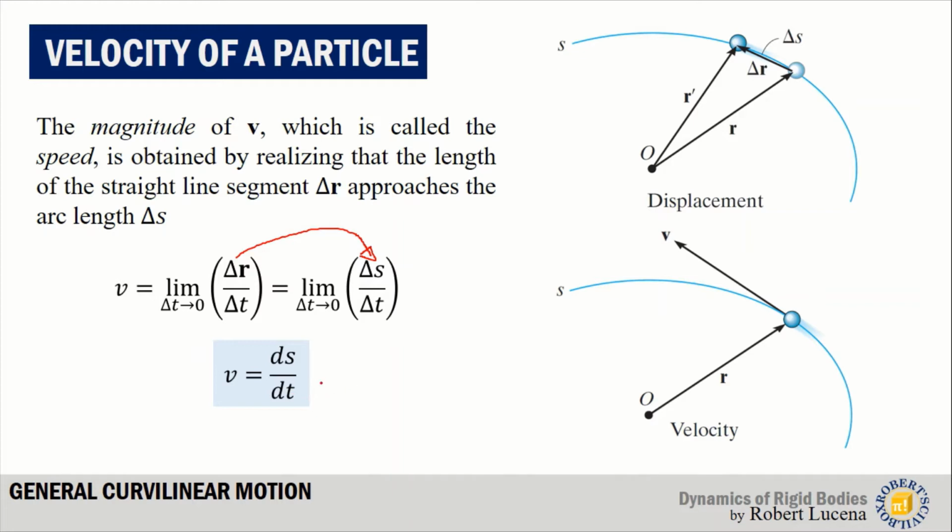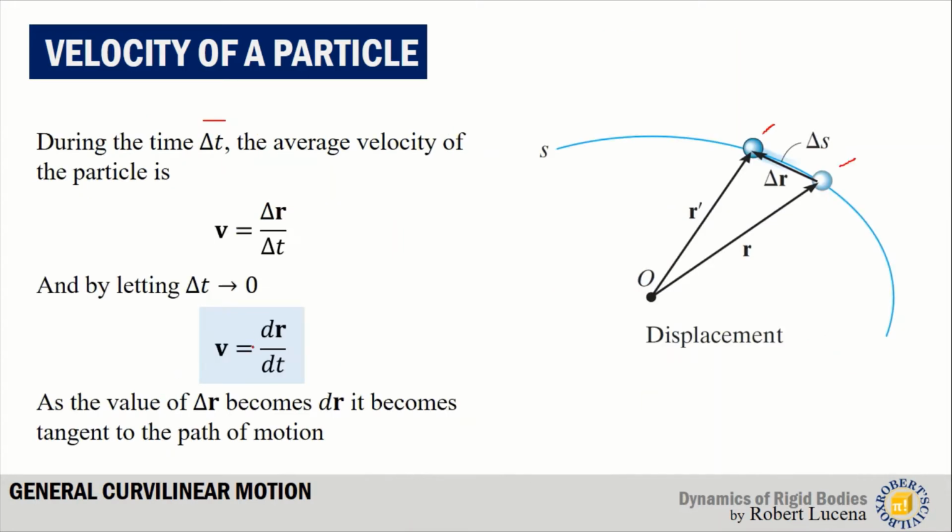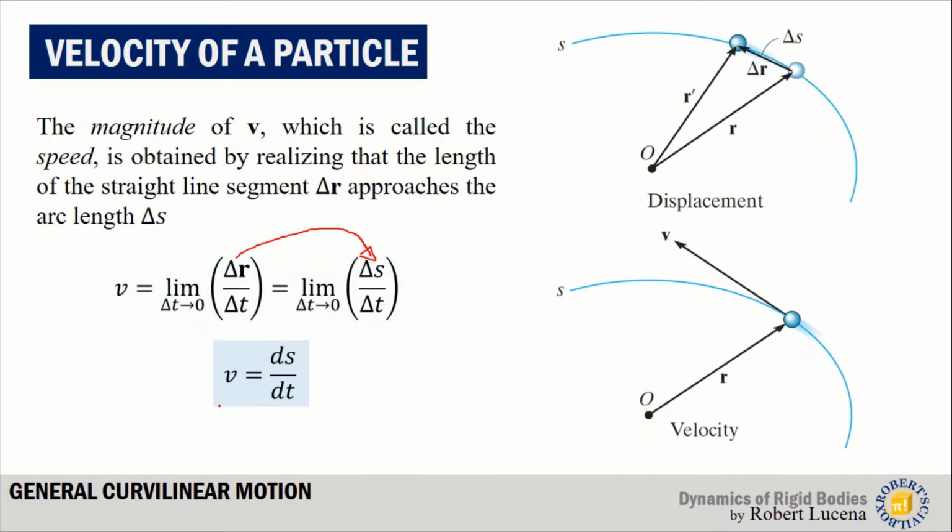Now, the instantaneous velocity can be written as ds over dt. Previously, we wrote that as dr over dt because this is a vector quantity, v. Now, if we have the speed, which is italicized v, we have the speed equal to ds over dt. Recall that this is a scalar quantity, not a vector quantity.